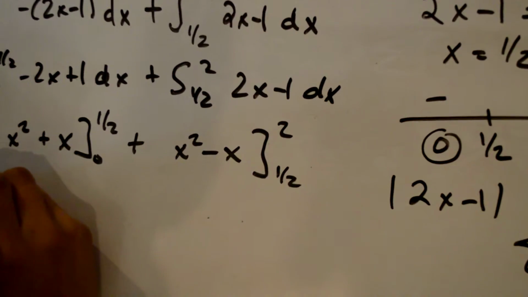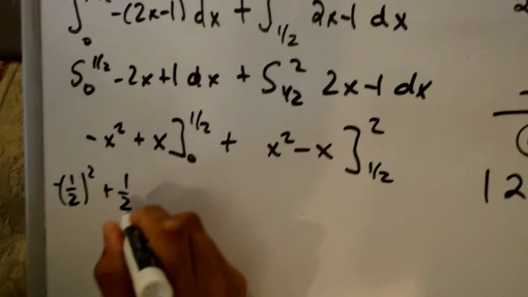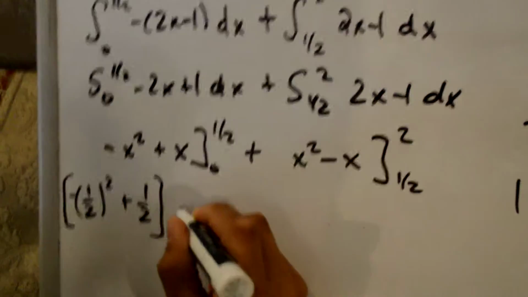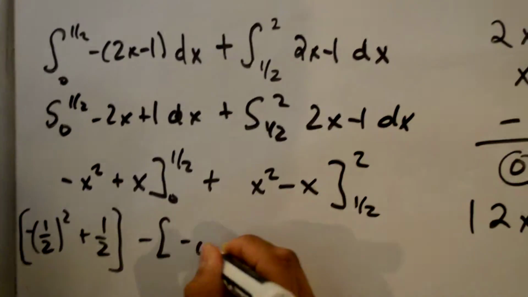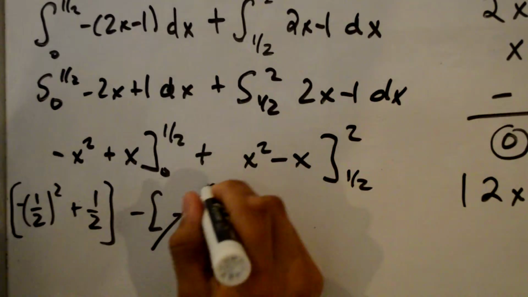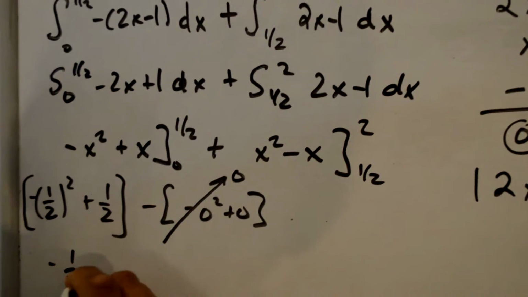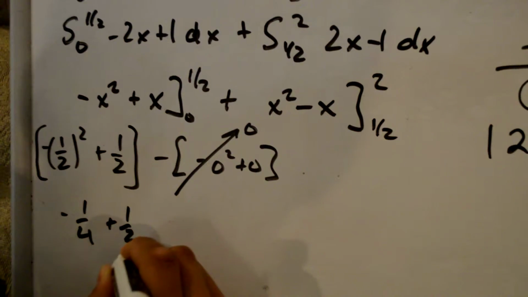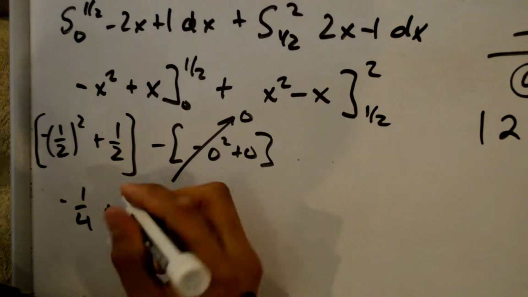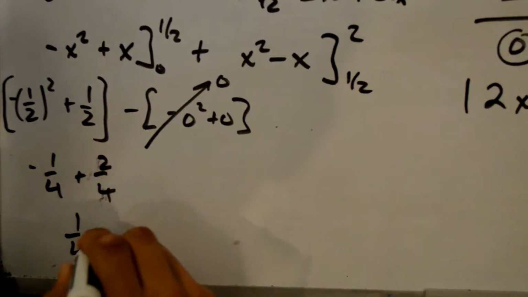It's going to be negative 1/2 squared plus 1/2, minus negative 0 squared plus 0. So this reduces to 0. So it's just negative 1/4 plus 1/2, which is the same thing as 2/4. So this is 1/4.